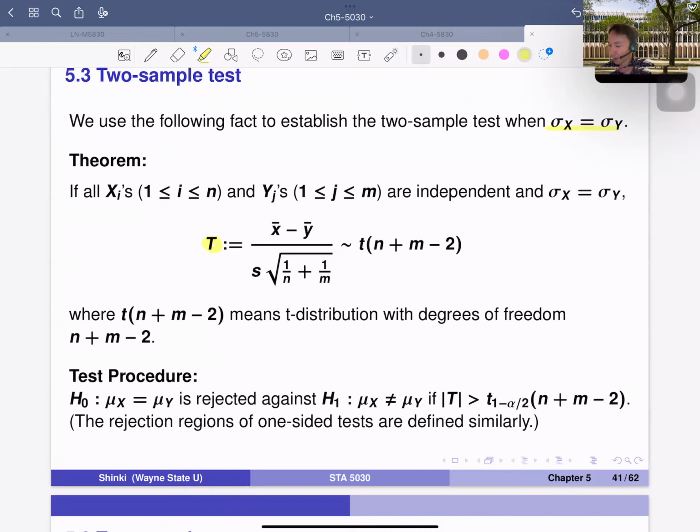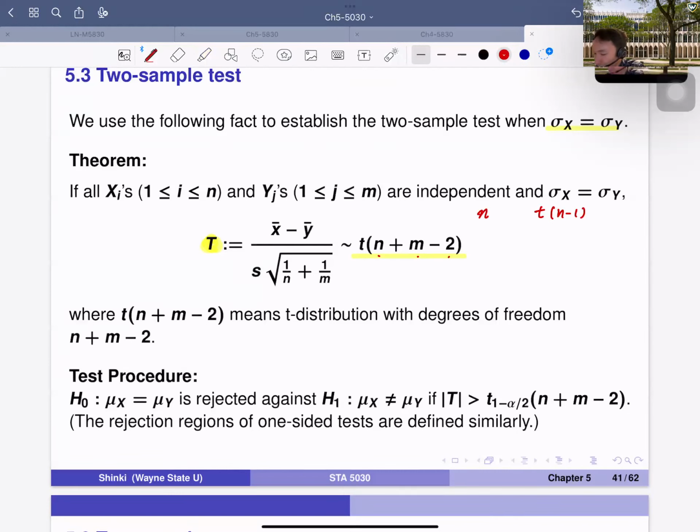If we have two samples, x1 to xn and y1 to ym, this t statistic follows the t distribution with degrees of freedom n plus m minus 2. In the one sample case, the sample size is n and the distribution is t sub n minus 1. Here we have n plus m samples, and we subtract 2.